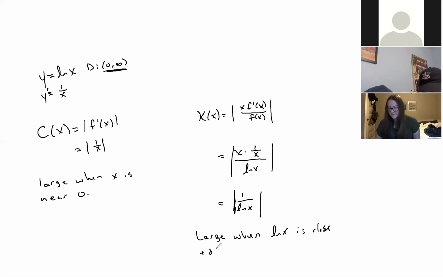But we can be even more specific. When is natural log of x close to 0? When x is close to 1. So this means our relative condition number is large whenever x is close to 1, because natural log of 1 is 0.